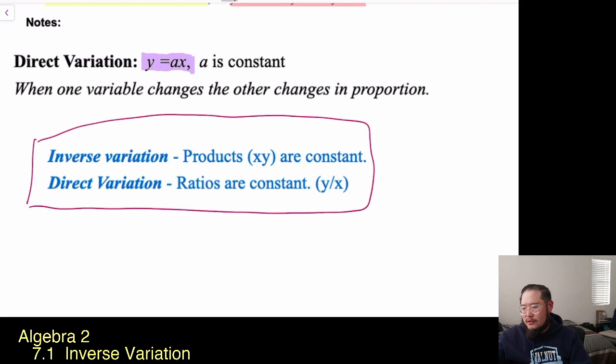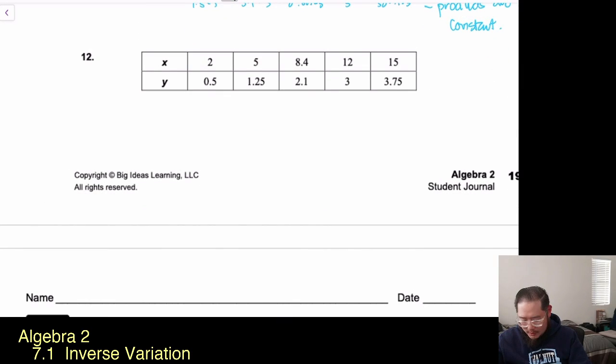Ratios are constant. So let's go right here on 12, and let's take y, which is 0.5, divided by 2. What do we end up with? 0.25. Next part, I got 1.25 divided by 5. That ends up becoming 0.25.